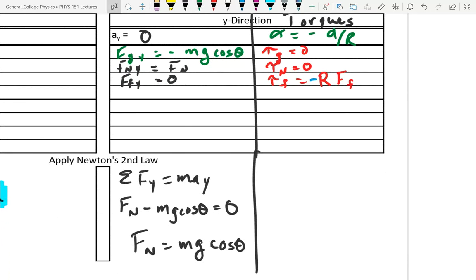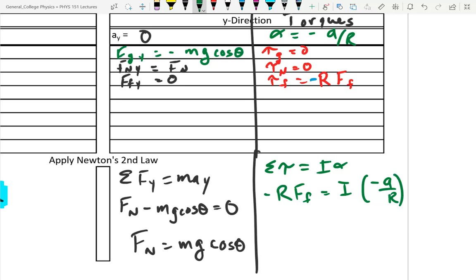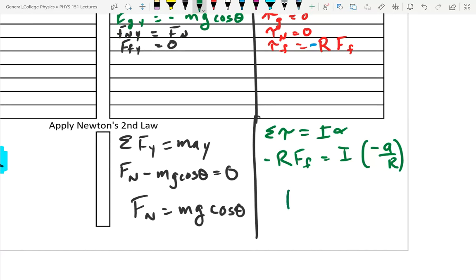So now I apply Newton's second law. Sum of the torques is equal to I alpha. Reading down here, that's minus R force of friction equals I times minus A over R. Or solving for force friction, force friction is IA over R squared.